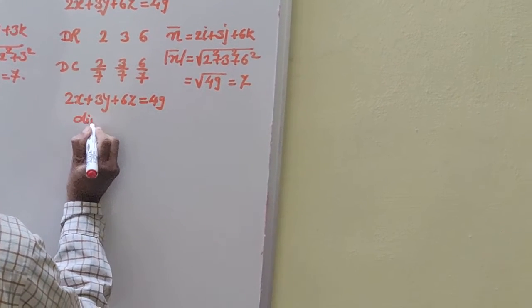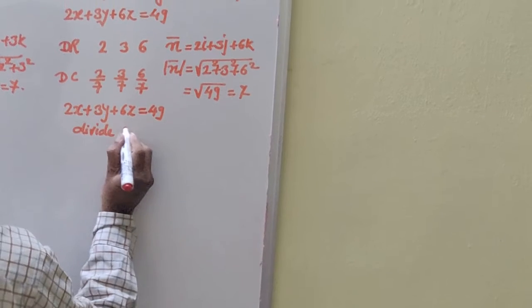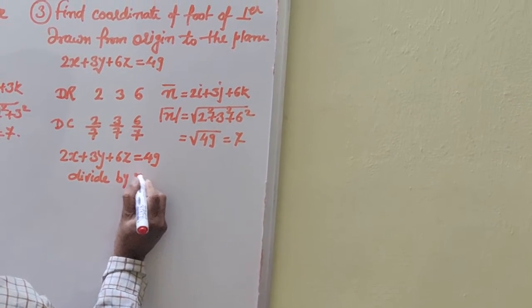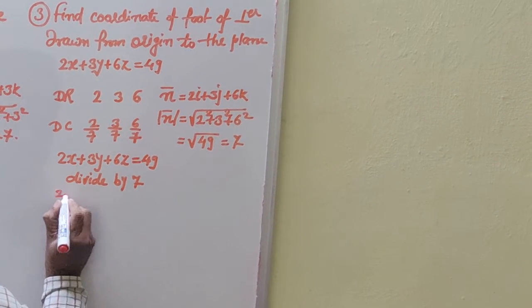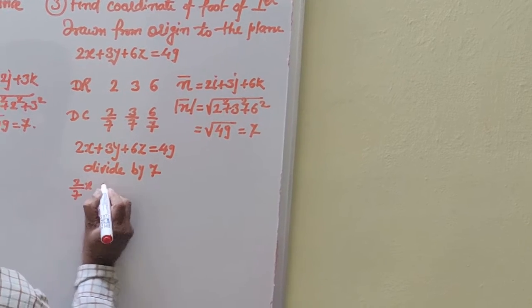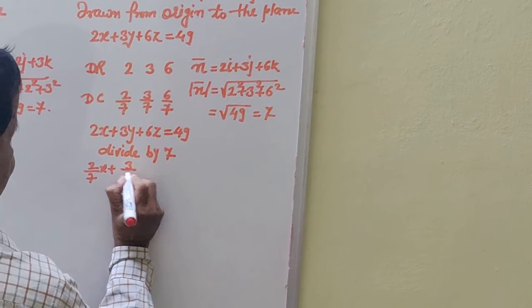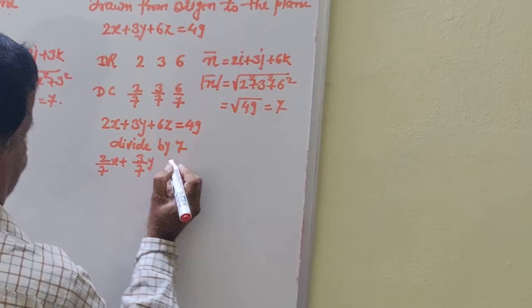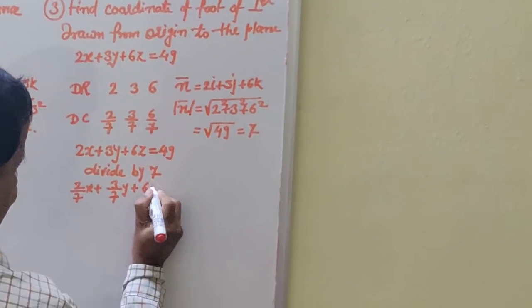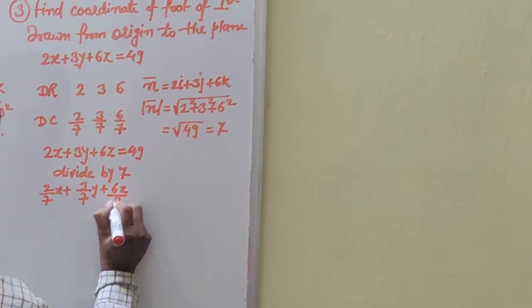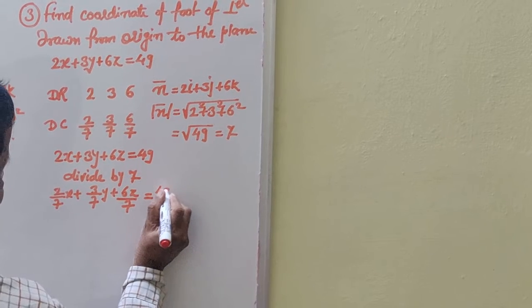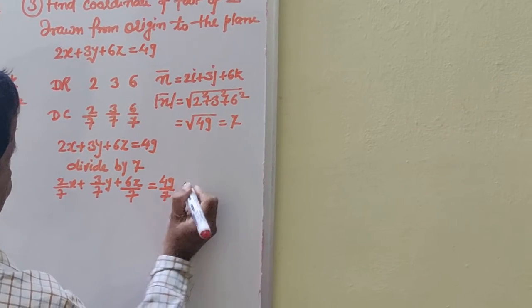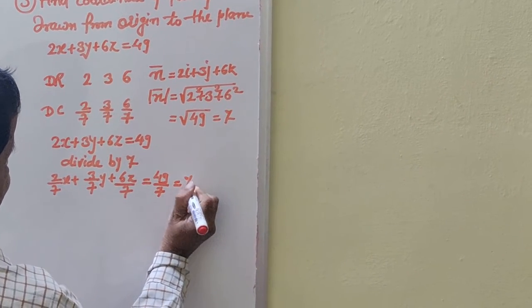Divide by 7: 2 by 7 x plus 3 by 7 y plus 6z upon 7 is equal to 49 upon 7. Hence my perpendicular distance is 7.